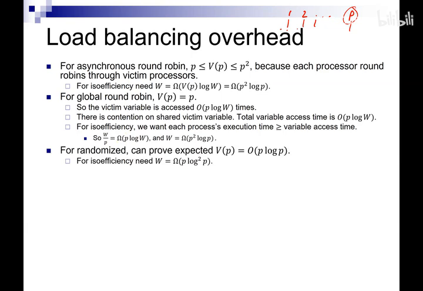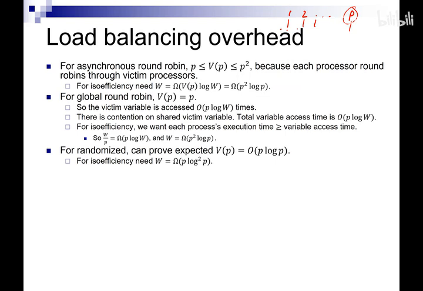And lastly, for the randomized work stealing, you can prove that if you make the number of steal attempts P log P, then every node will become a victim once with high probability.